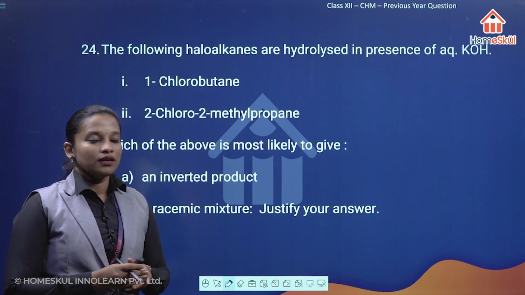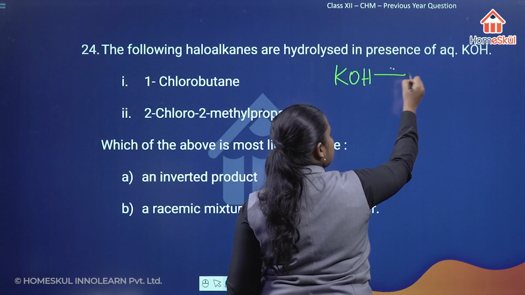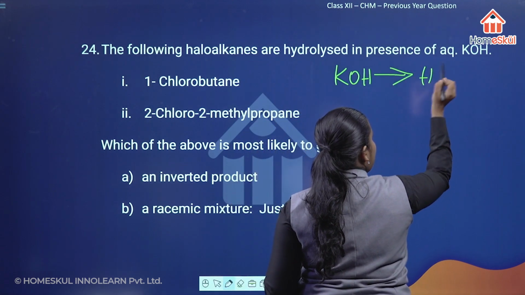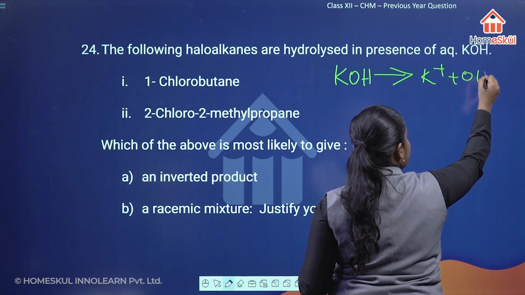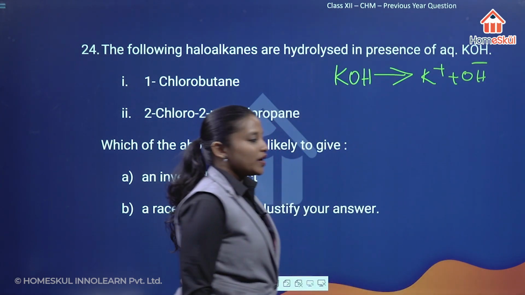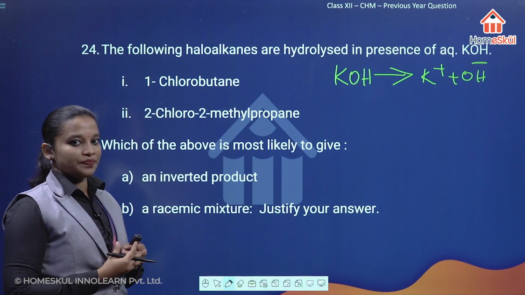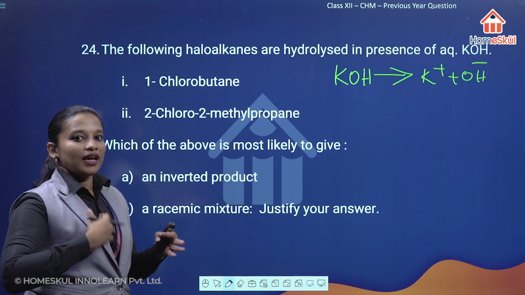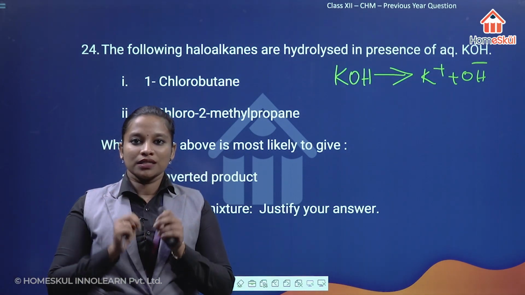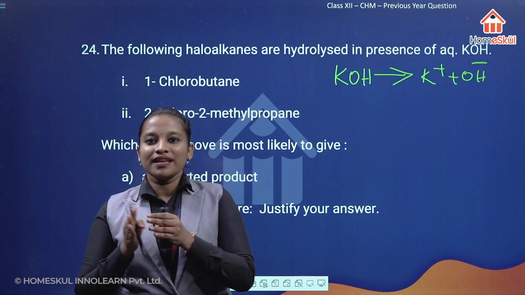Okay, here we have aqueous KOH, so a nucleophilic reaction will occur, K plus and OH minus. Here the nucleophile is OH minus, which is going to attack the species. Since it is a nucleophilic reaction, it can proceed through two mechanisms, one is SN1 and the second one is SN2.